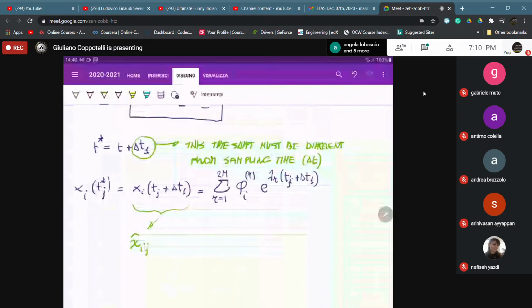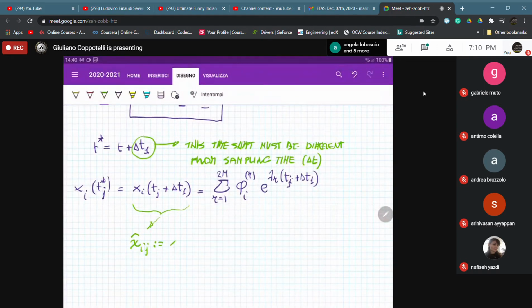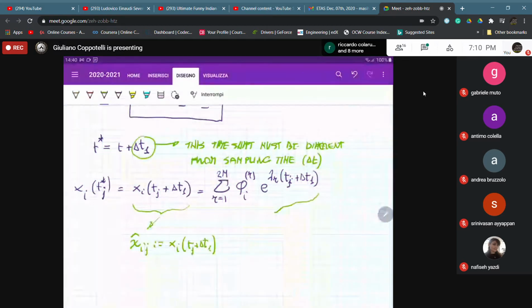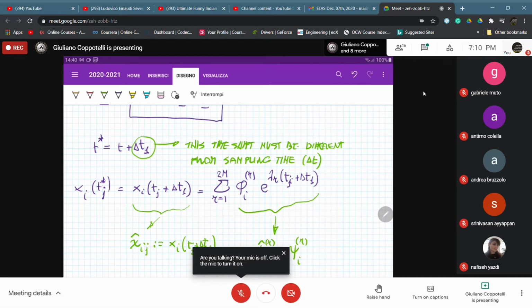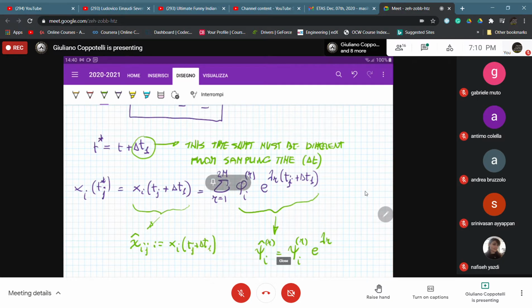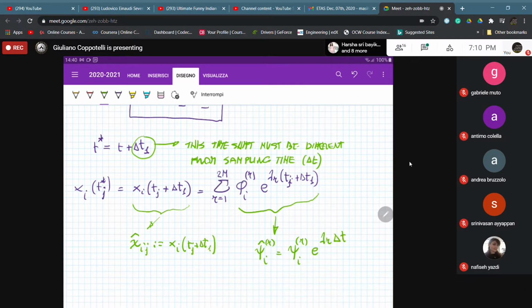Okay, so that is the definition that I'm considering right now. And also this quantity in the summation sign could be viewed as your hat psi_i corresponding to the r-th mode, that is equal to the psi_i corresponding to the r-th mode, times e^(lambda_r delta t1).